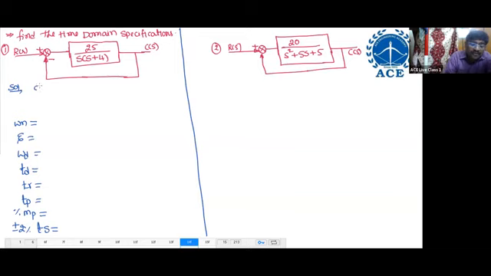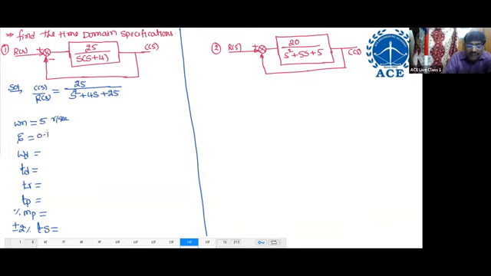Find the closed loop transfer function. C of S by R of S equals 25 by S square plus 4S plus 25. Omega n is 5.